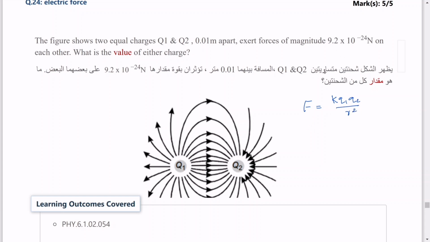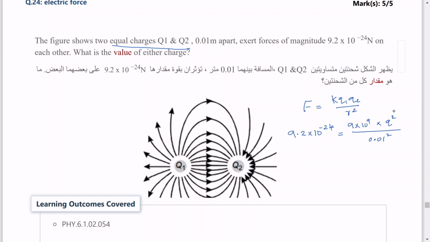The value of the force is 9.2 times 10 to the power negative 24, which equals the value of K, 9 into 10 to the power 9. And here it is given, the figure shows Q1 and Q2, they are equal charges. As they are equal charges, instead of writing Q1 and Q2, I can write Q and Q. So Q and Q will be Q squared divided by the distance squared, the distance is 0.01 meter, so 0.01 squared.